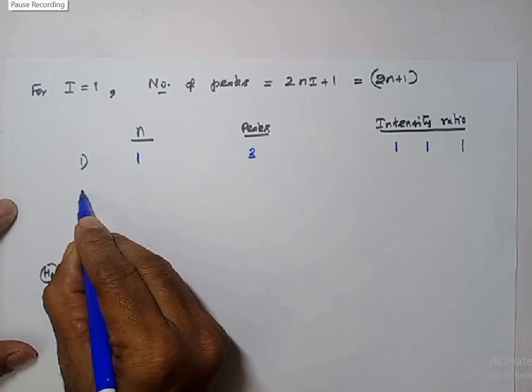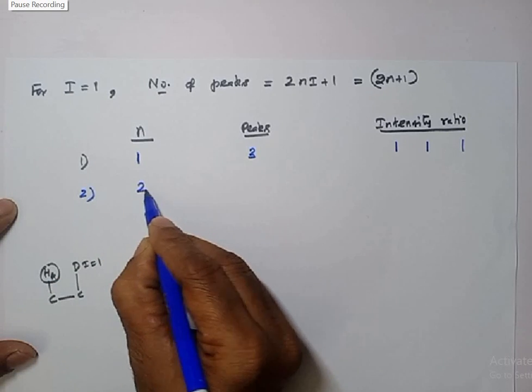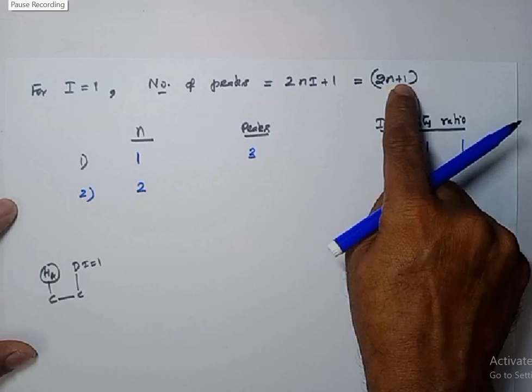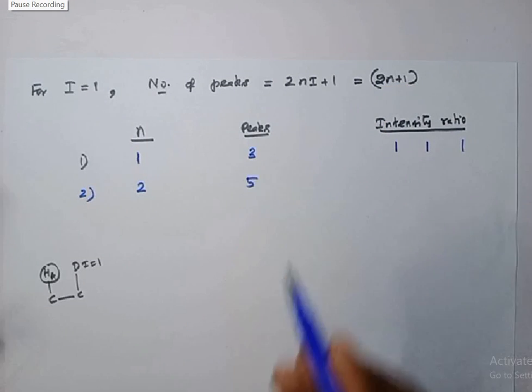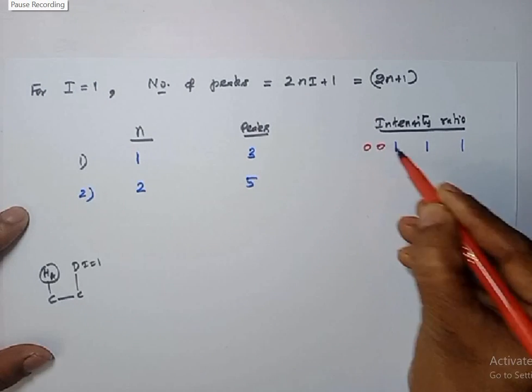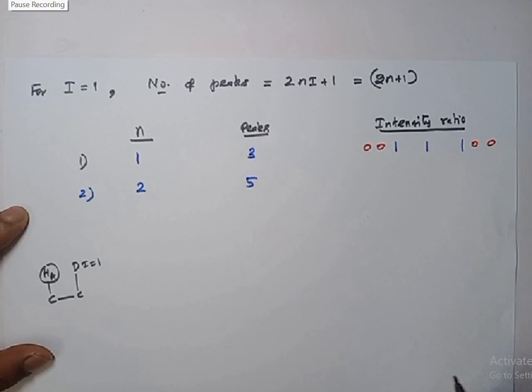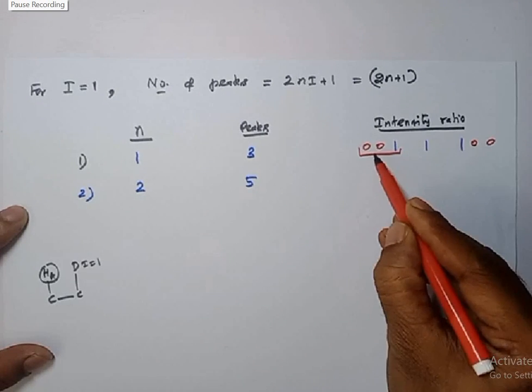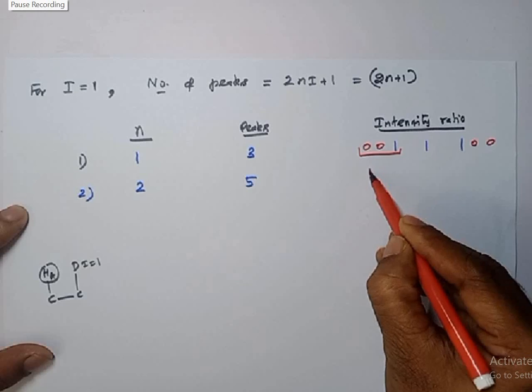Then number 2, if n is equal to 2, what will happen? If you put n is equal to 2 here, 2 into 2, 4, 4 plus 1, 5, we get 5 peaks. Then what is the intensity ratio of those 5 peaks? Very simple. Add 2 zeros on both sides. Then add 3 numbers at a time. 0 plus 1 is 1.